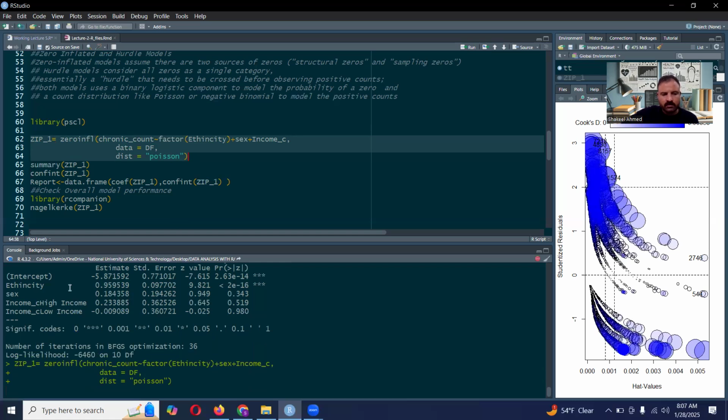Now we should have two categories at least, as ethnicity consists of three categories. So changing from a reference category to the given category, we see how the rate of occurrence, the average number of counts, is changing.